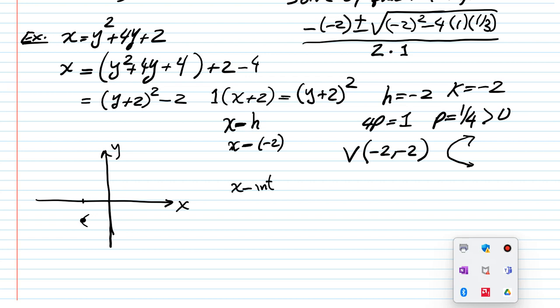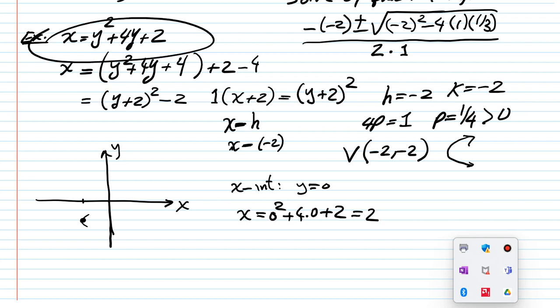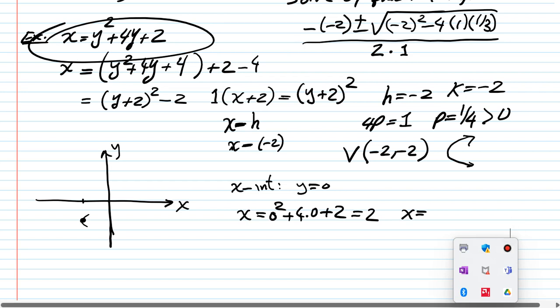The x-intercept, that's when y is 0, right? So I'm going to get x equals 0 squared plus 4 times 0 plus 2, which is 2. I'm looking at the original equation. So x is equal to, in this case, x would be equal to 2.